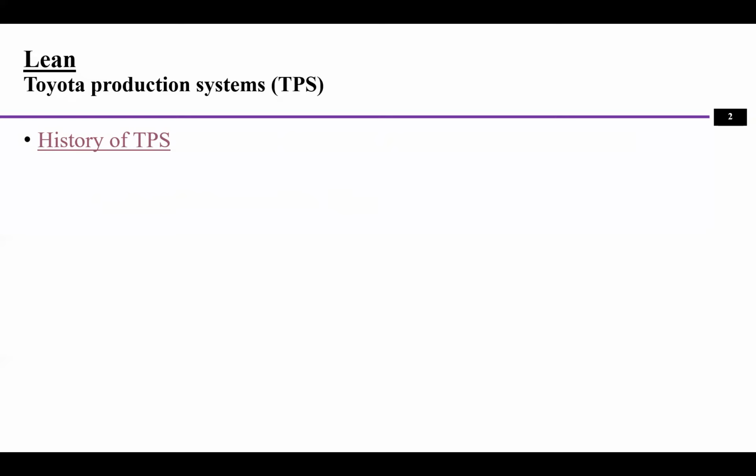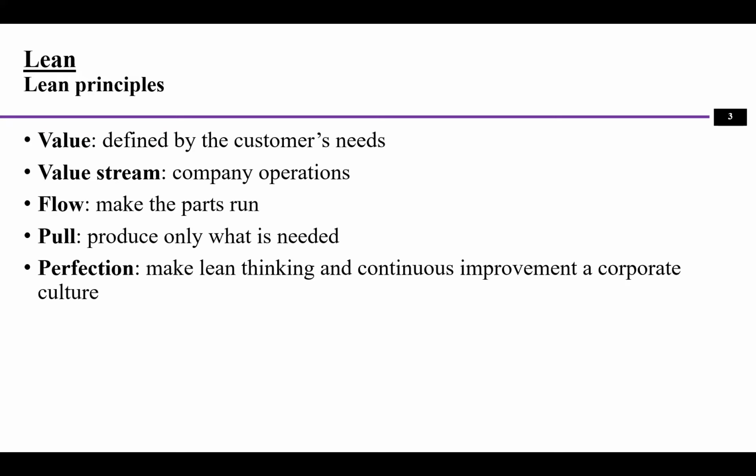And then, in order to improve the efficiency and reduce the cost, they developed a set of tools and also philosophies to manage their production systems, to reduce the waste and also to sustain the high quality of production. The link here is the history of the Toyota production systems. Please watch this video and get an idea of the history of it.